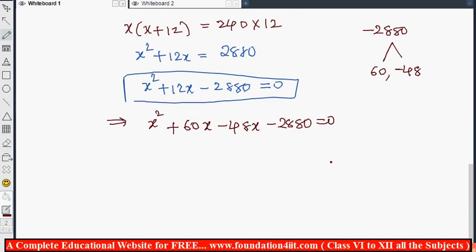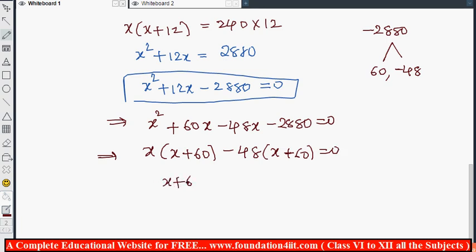Take the common, then find the value of x. So x is common, x plus 60, minus 48 common, x plus 60 the same, because minus into plus is minus. So it is x plus 60 into x minus 48 is equal to 0.